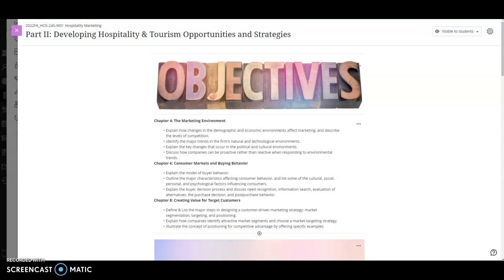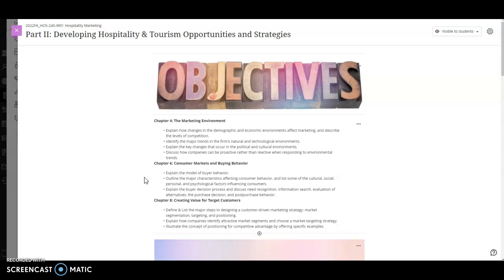All right, HOS-245 students, we are back with a review of Chapter 6, Consumer Markets and Buying Behavior. So when we look at this chapter and we think about these three bullet points here for points of emphasis, what we really want to see is how the model for buyer behavior works.